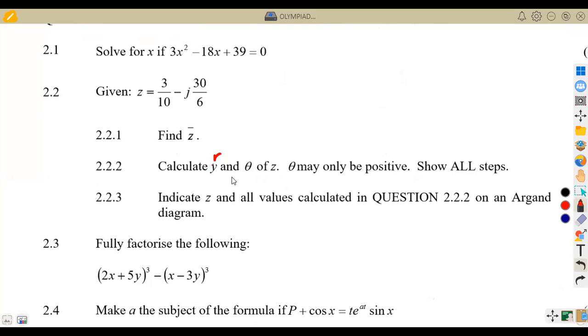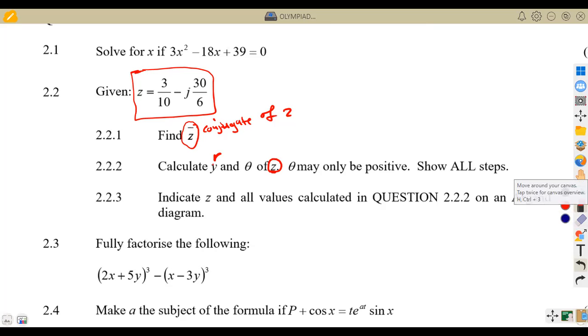Take note, they are saying of z, not z bar. On 2.21, we are asked to find z bar, which is the complex conjugate of z. But in this part, they are asking to calculate r and theta of z, which means we are going back to the original z, this one that we had. So that's the first thing, to write the z that we had before.